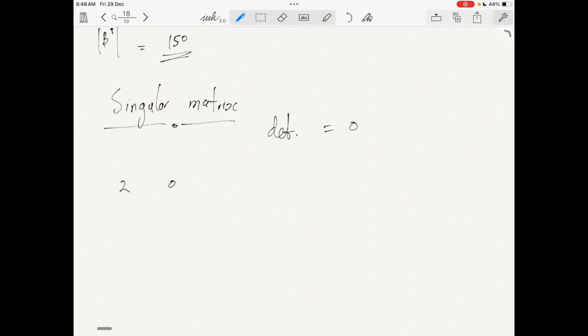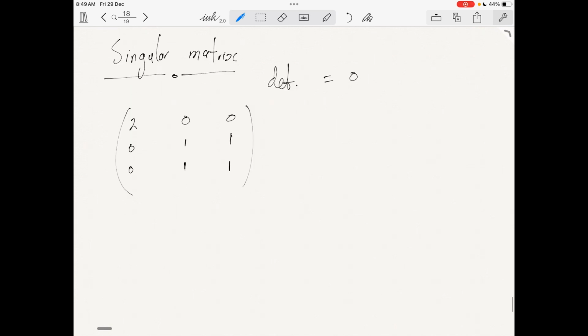The first row is 2, 0, 0, and the other rows have the entries 0, 1, 0, 0, with 1s in the remaining positions. So now, we are given this matrix and want to evaluate its determinant.